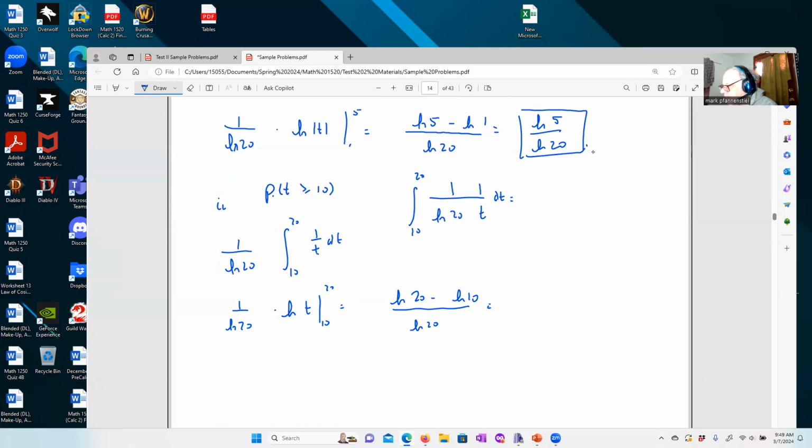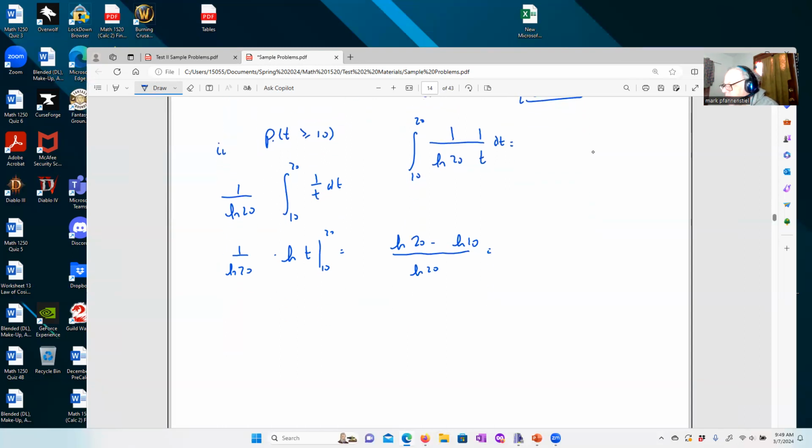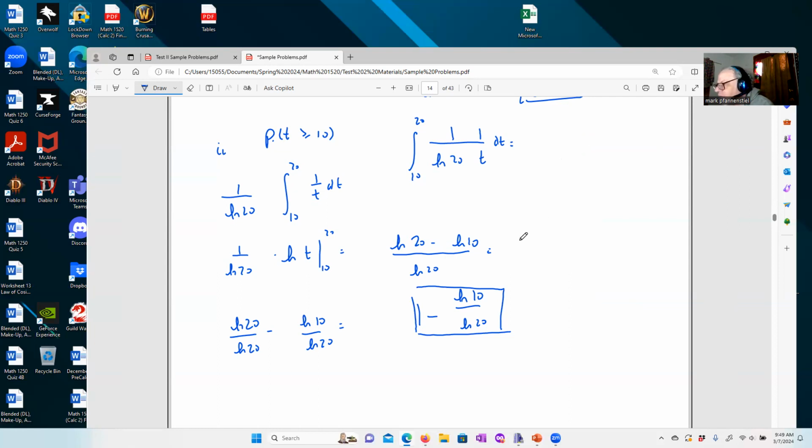We'll make this a little neater: ln 20 over ln 20 minus ln 10 over ln 20. So this is 1 minus ln 10 over ln 20, and I would call that good as a numerical answer. Grab the calculator and calculate that out if you'd like to.